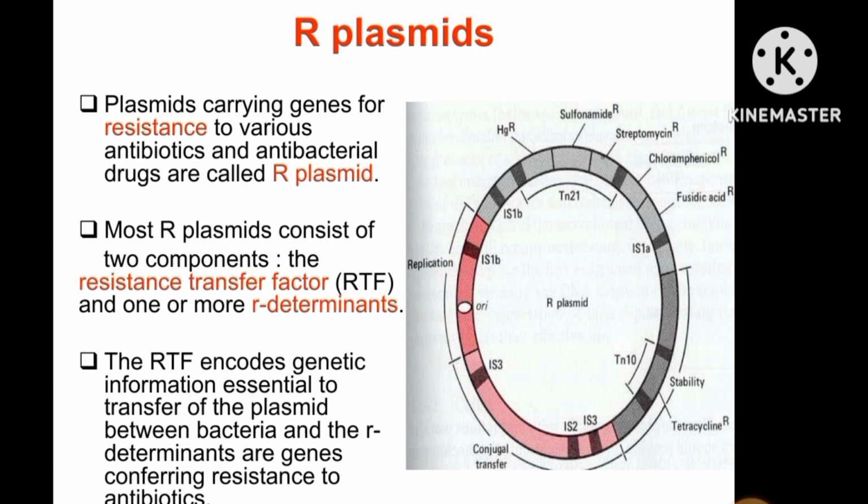So this is a structure, and this portion of the gene is responsible for the resistance factor. This plasmid consists of multiple resistance factors like sulfonamide resistance, streptomycin resistance, chloramphenicol resistance, fusidic acid resistance, tetracycline resistance. So if we add all these antibiotics or antibacterial drugs in a nutrient medium, it can't affect the bacteria because they have the resistance factors against them.